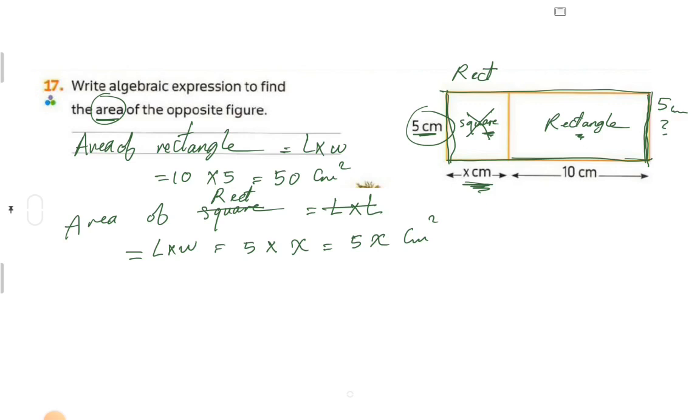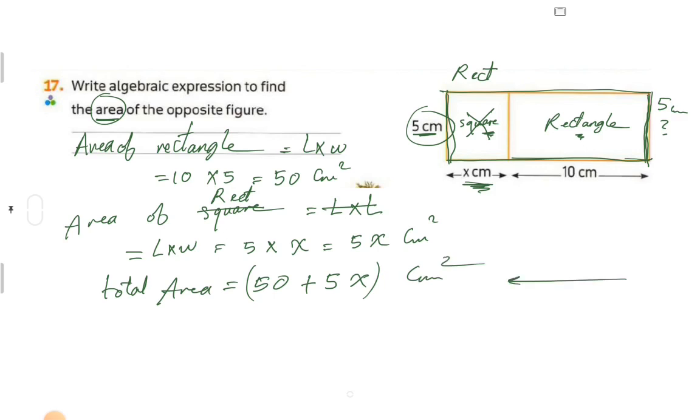Now to find the total area, the sum of the two areas: 50 plus 5x, all in centimeters squared. This is the needed algebraic expression.